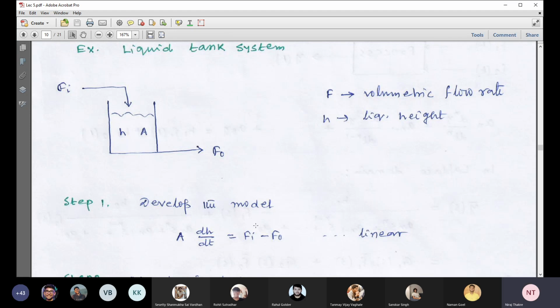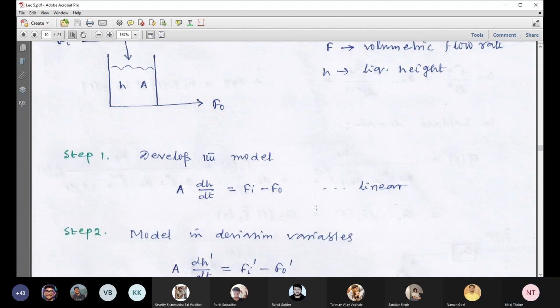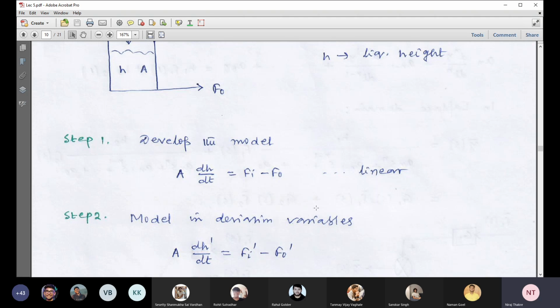So in step 1, we need to develop the model. For this liquid tank system, we have already developed the model, and that is a linear model. In the general formula I have written either the model is linear or linearized. So here our model is linear, so no problem. In the second step, you need to write the equation in terms of deviation variables.